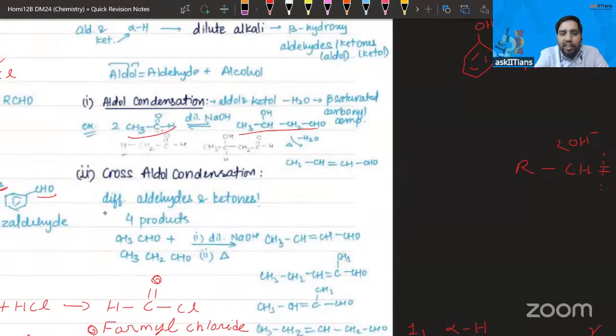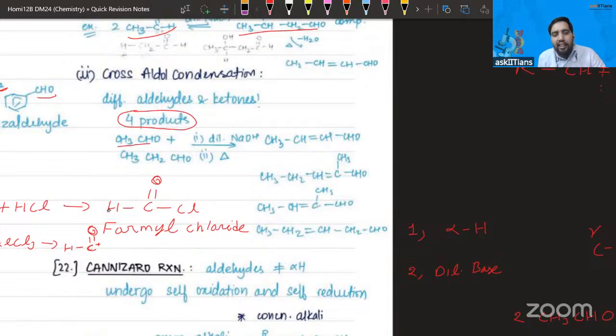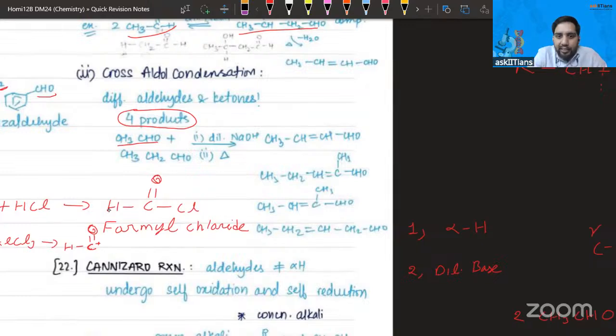If we use two different aldehydes or ketones, in that case we are going to have 4 products, for example CH3CHO with ethanal and propanal. We follow the same mechanism to obtain the products. There will be no question to form all the products from two different aldehydes. You should just know there will be 4 products.